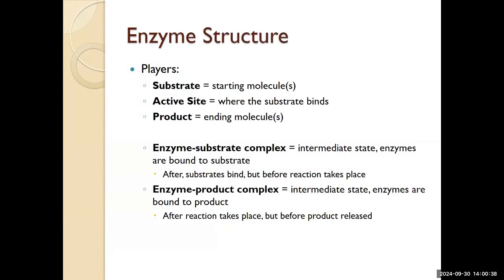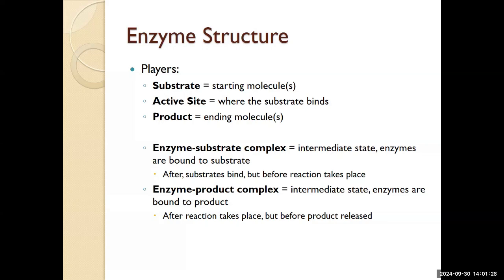Remember that form dictates function. And so understanding the shape and structure of an enzyme helps explain how it's able to do its job. The players in this reaction: there's the substrate, which is the reactant, the starting molecule, and the location that it's going to bind. We previously described how the term substrate is used to describe the location of binding, the location of a chemical reaction.